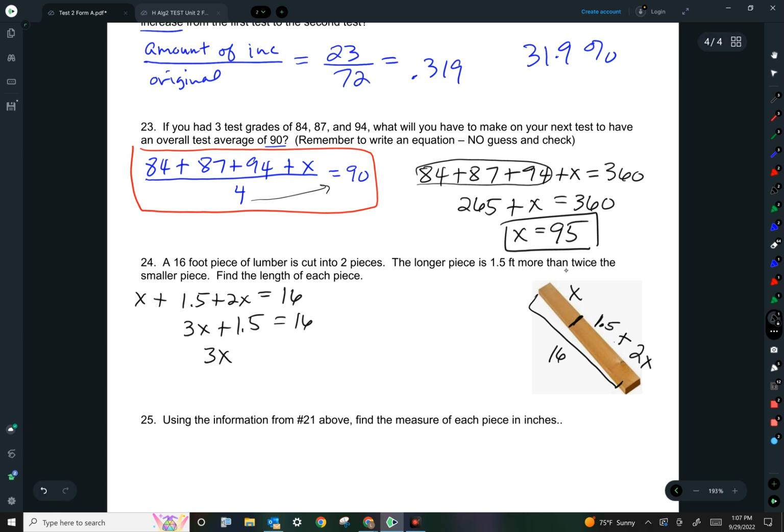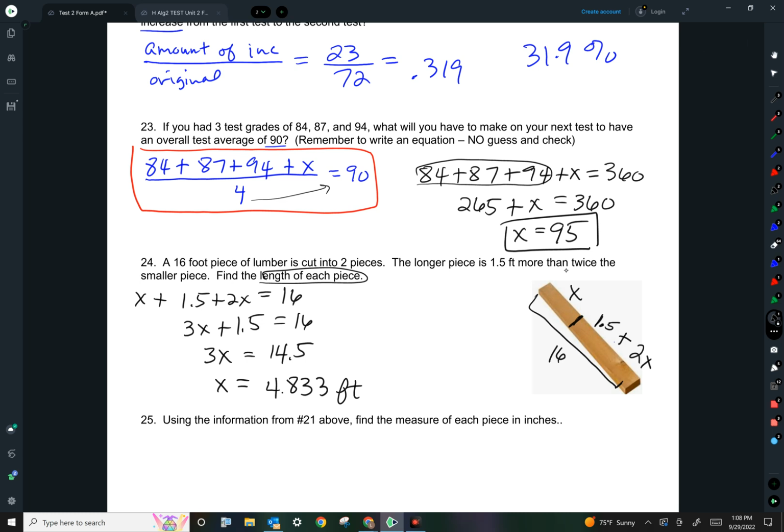Subtract 1.5, so 3x equals 14.5, and divide by 3. So again, on my calculator, I'm going to say 14.5 divided by 3 is going to be 4.833. And so that means the smaller piece is 4.833 feet. The question says find the length of each piece.